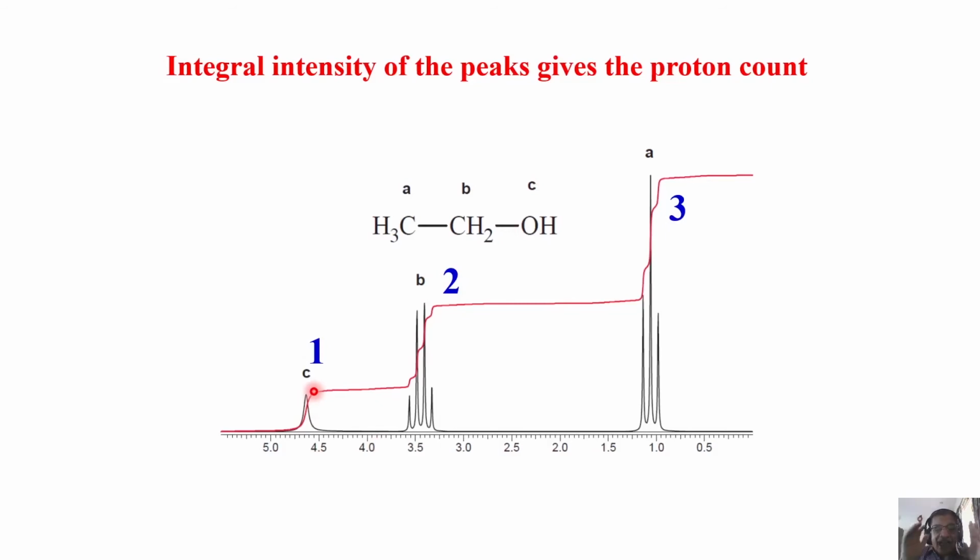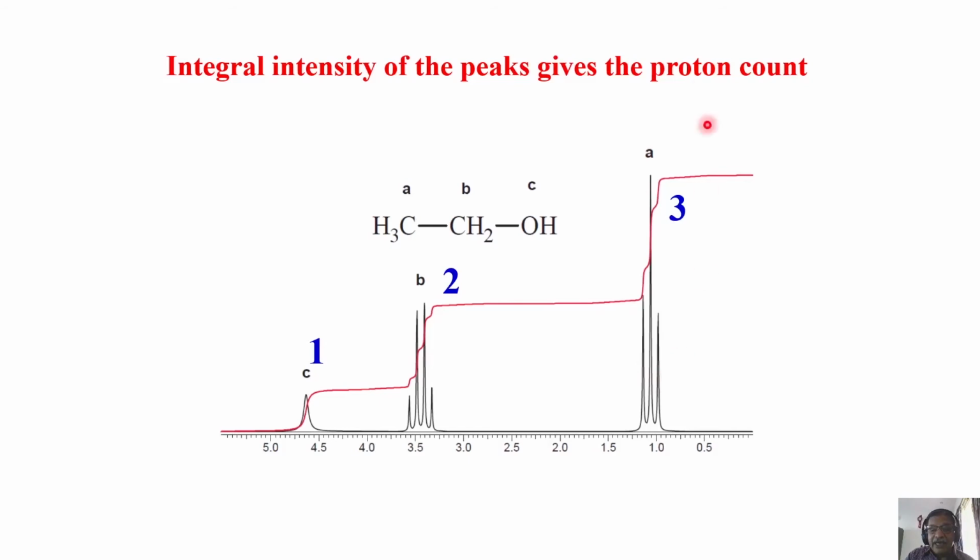That means if I take the integral area of the peaks corresponding to each of these groups, when you compare with another single proton or other group of the same molecule, you can find out the number of protons present.